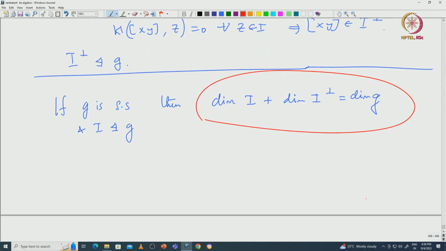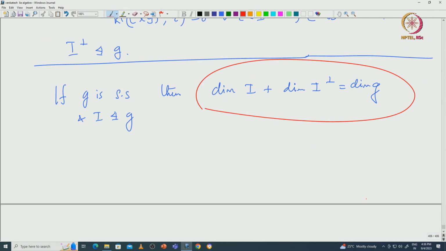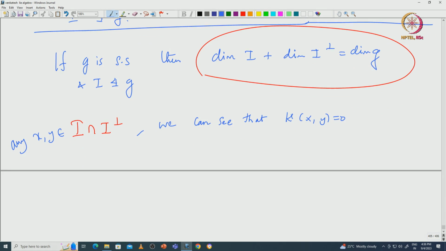Not only this, look at the intersection I intersection I perp and see what happens. These are the elements common to both I and I perp. If I take any x, y in I intersection I perp, kappa of x comma y must be 0, because x is coming from I and y is coming from I perp.